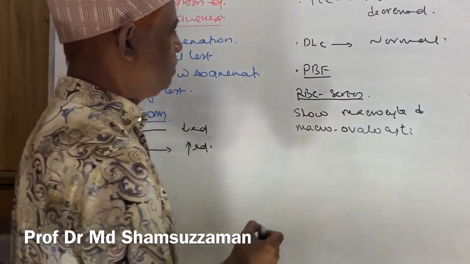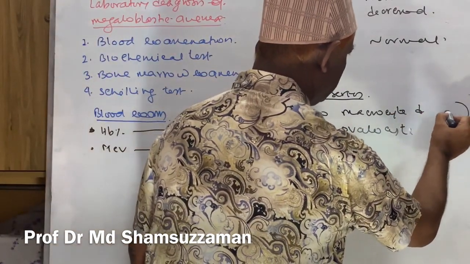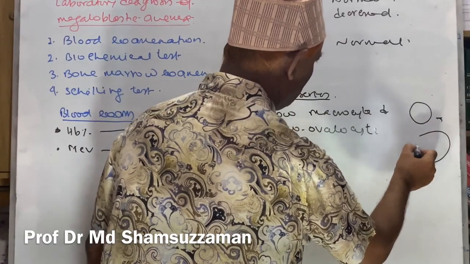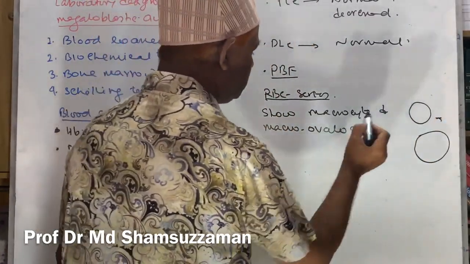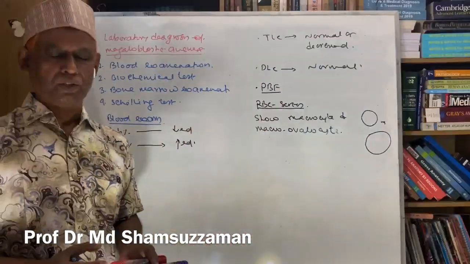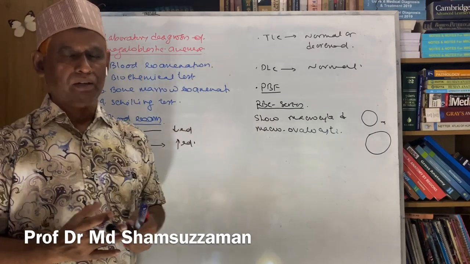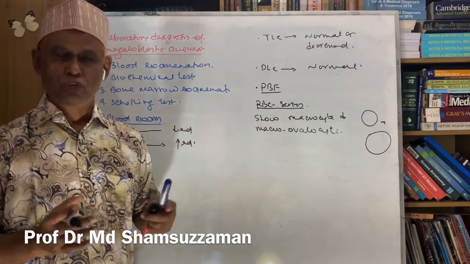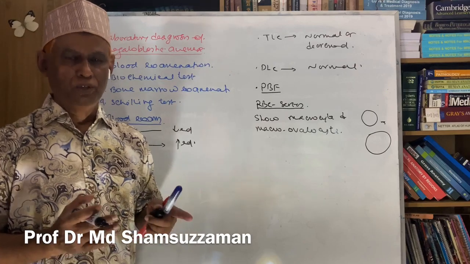That is, in the peripheral blood we'll get large RBCs, macrocytes, and also macro-ovalocytes. In addition, in the RBC series we can get nucleated red cells and inclusion bodies like Howell-Jolly body.